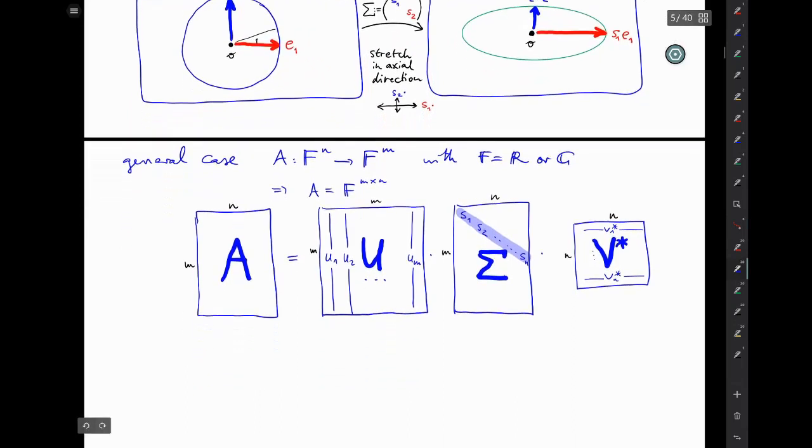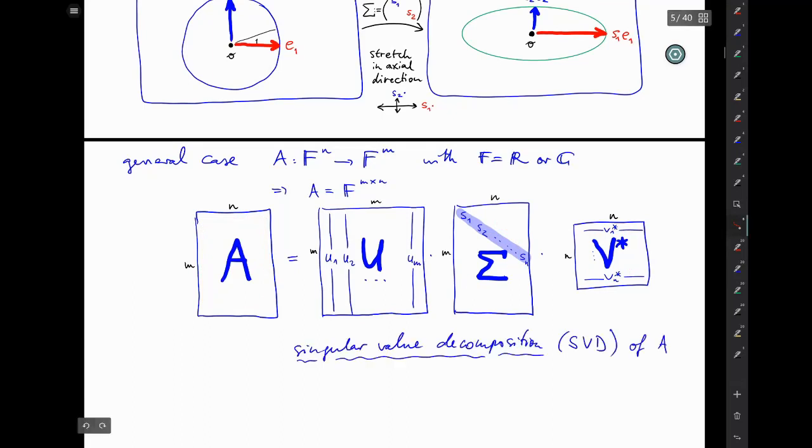And this factorization or decomposition of your original matrix A into a product of three very simple matrices U, sigma and V star is called singular value decomposition, or in short SVD of A. The columns of U again have length 1 and are pairwise orthogonal to each other, which makes this an orthogonal, or in the complex case, unitary matrix.